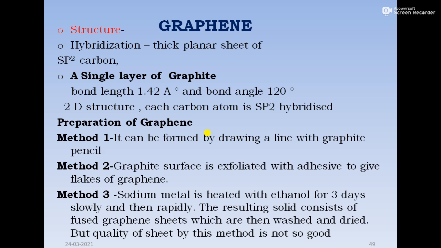And third method, sodium metal is heated with ethanol for 3 days, slowly and then rapidly. The resulting solid consists of fused graphene sheets which are then washed and dried, but the quality of the sheet by this method is not so good. That is the problem with the third method, so you can prefer the first and second methods.